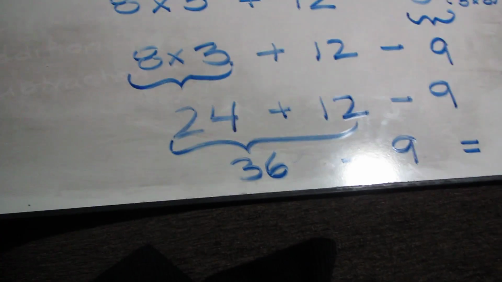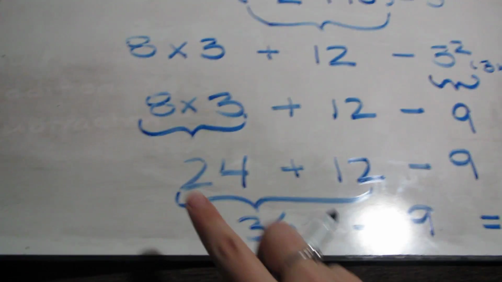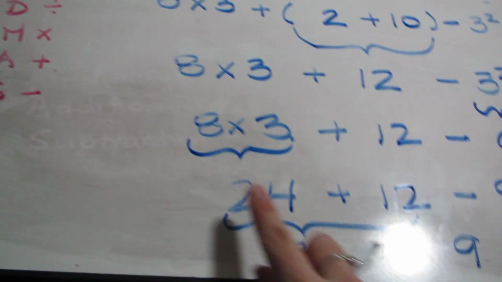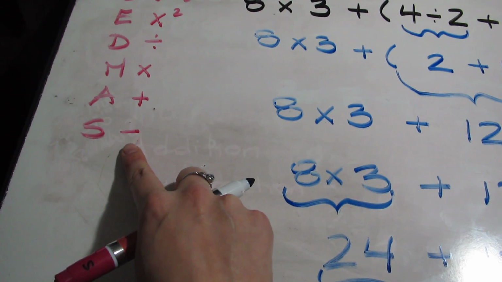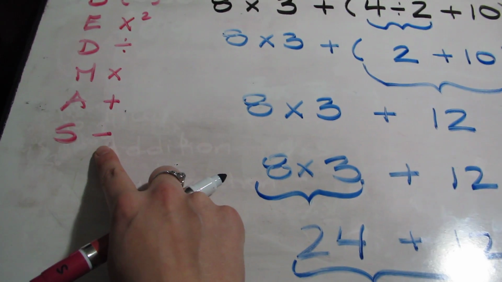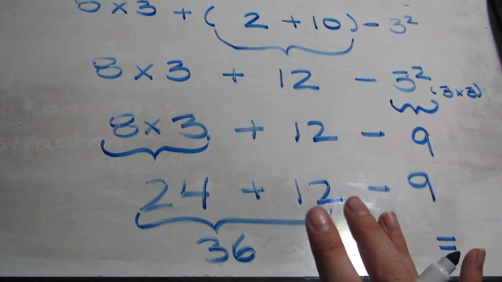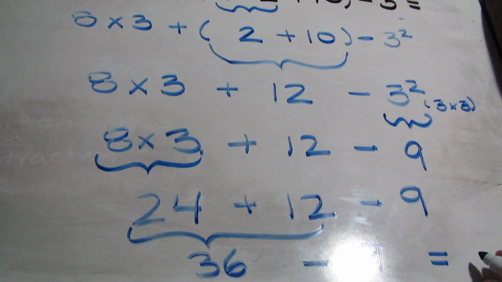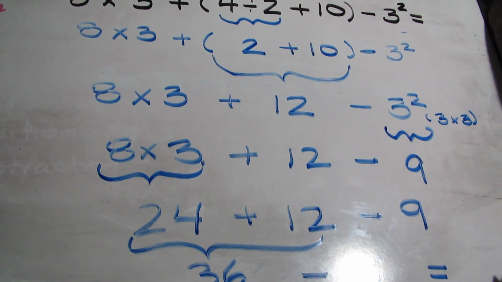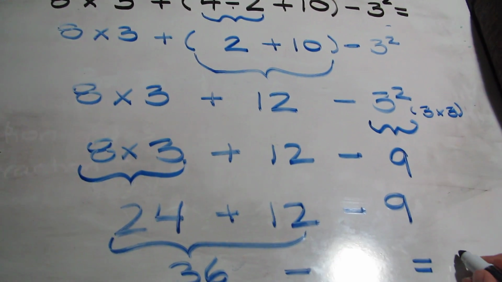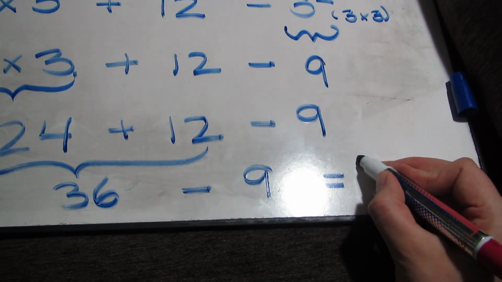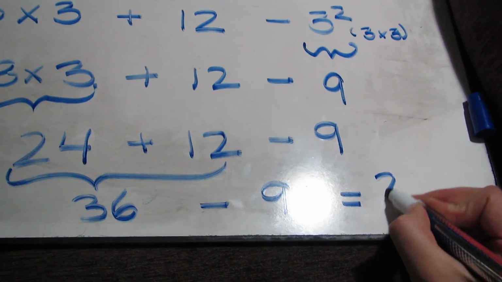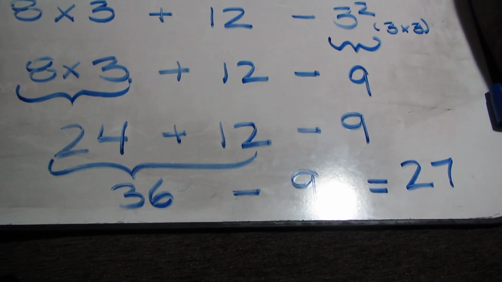And so now, if I worked properly, I should have one thing left to do, and it should technically be subtraction, if I have that in my BEDMAS, in my order of operations, I should say. In this case, I do. So I'm going to do 36 minus 9, okay, which is 27.